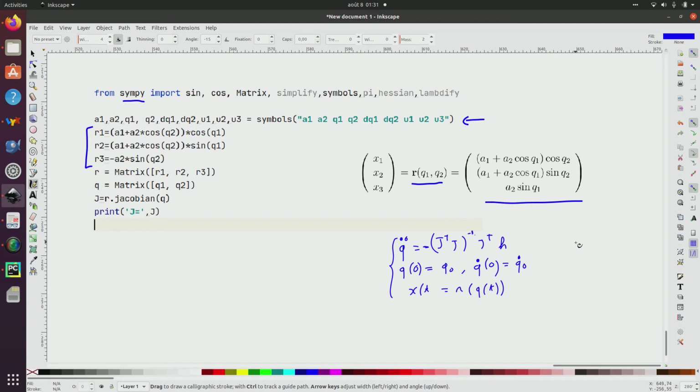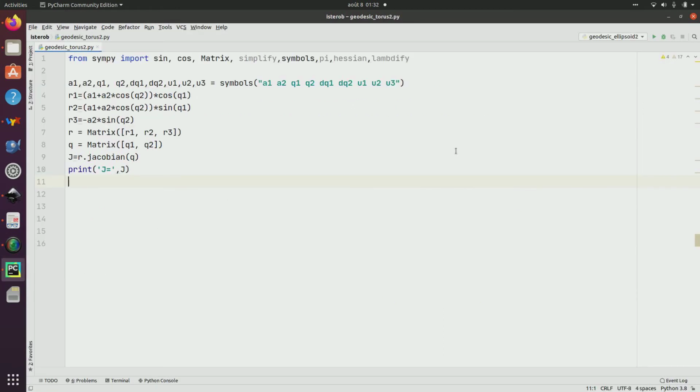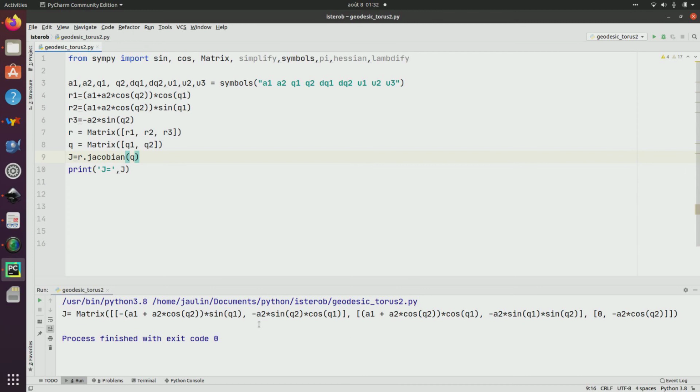Now I want to integrate this second order equation. So this is why I have to define J, which corresponds to the Jacobian matrix. So I define R corresponding to R1, R2, R3, and I compute the Jacobian of R with respect to Q1 and Q2. And then I print it. So this is my function. I will run it, and I obtain here the matrix I want.